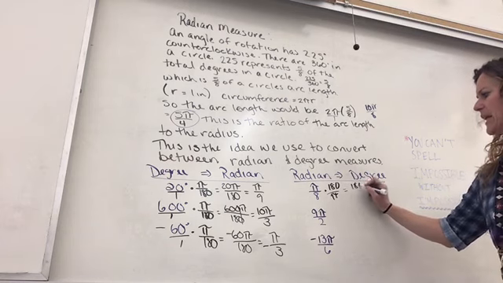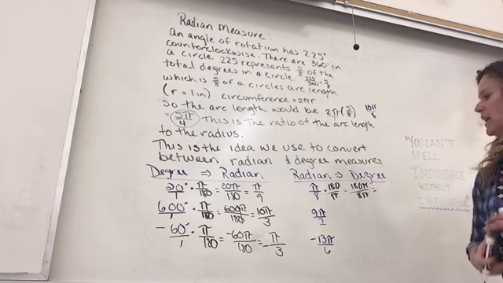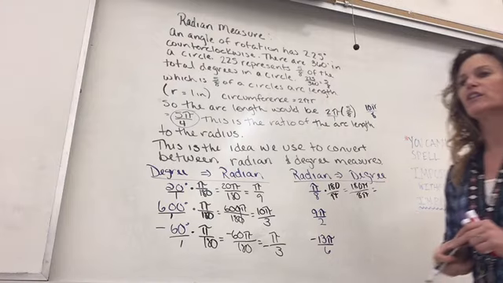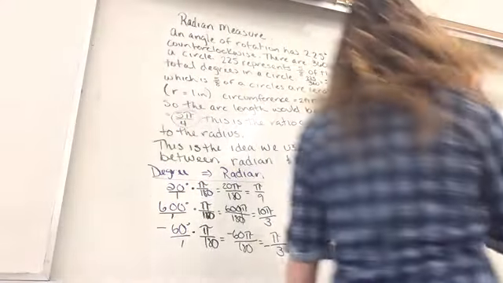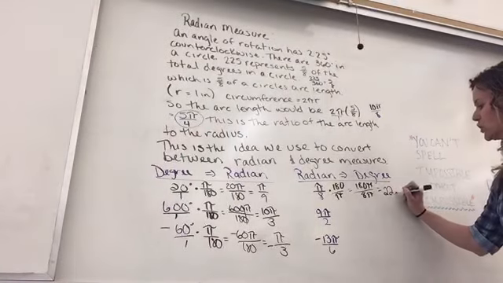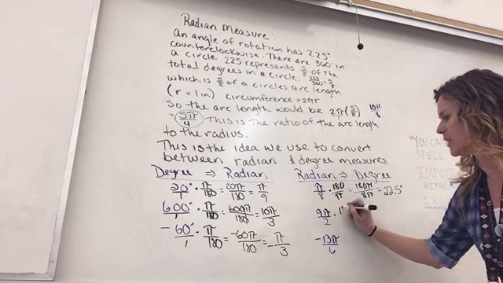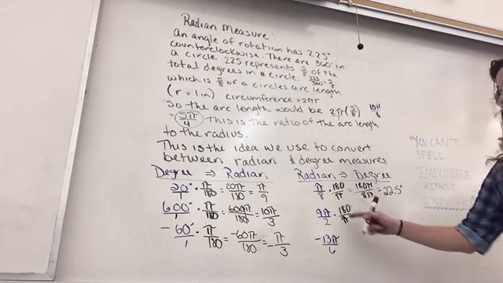So on this one, I get 180 pi over 8 pi, and I go about simplifying. Notice the pi's cancel. So I have 180 divided by 8. I'm going to get my little cheat sheet here. That's 22.5 degrees. For example, here, I'm going to take 180 and multiply it.